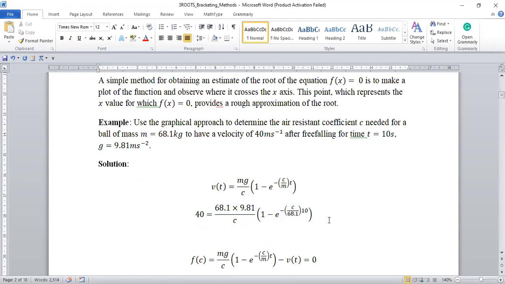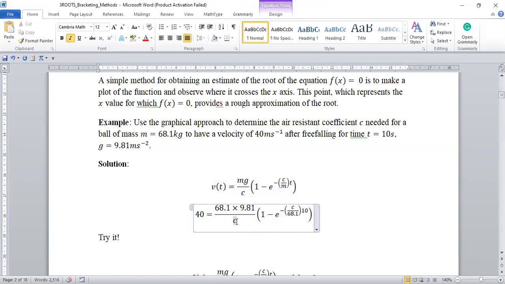After the class, I would suggest that you try it. Just try to bring C to the other side and make C the subject of formula. You would see that you cannot do that.